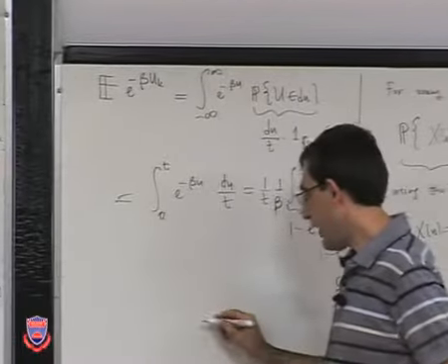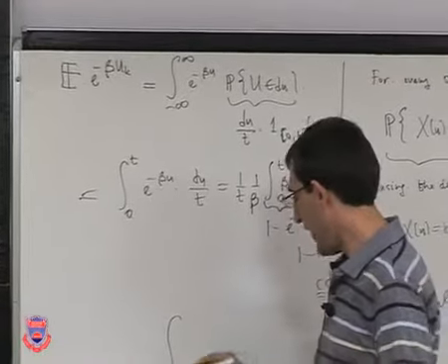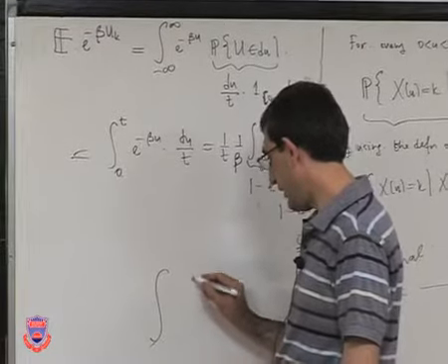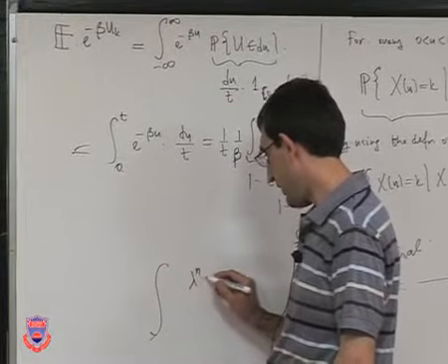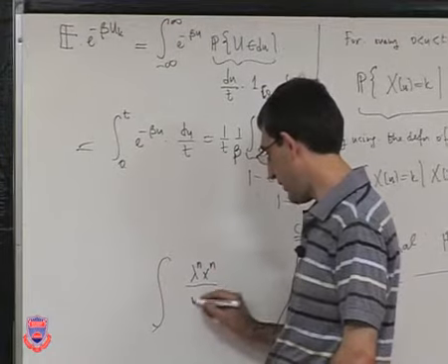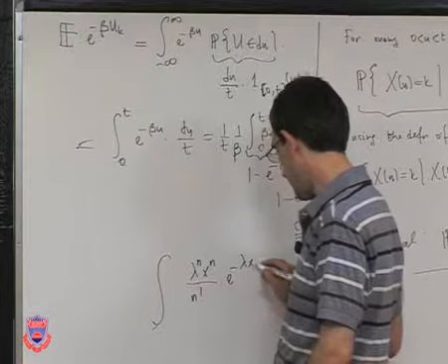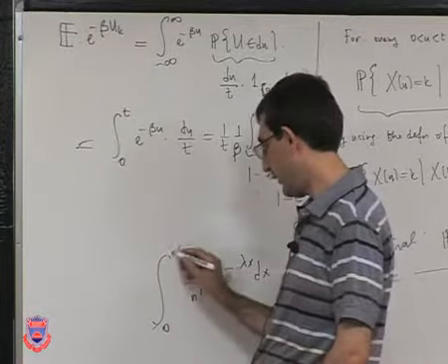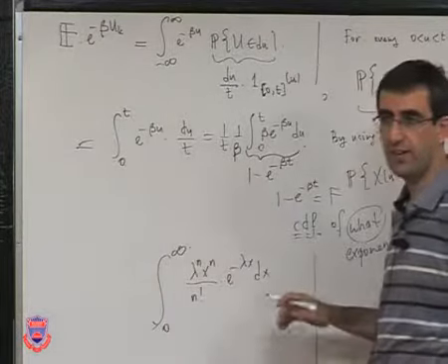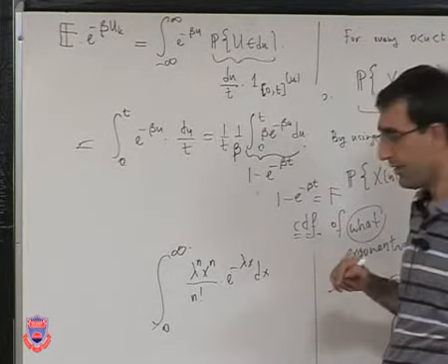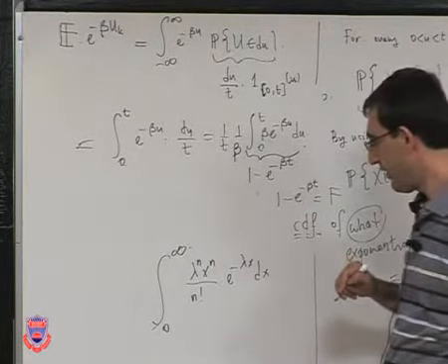Why do I tell such things? Because time will come and somebody will ask you to calculate, for example, I don't know, what should I write here? Lambda to the power n x to the power n divided by n factorial times e to the minus lambda x dx from 0 to infinity. A horrible integral. What is this? One.